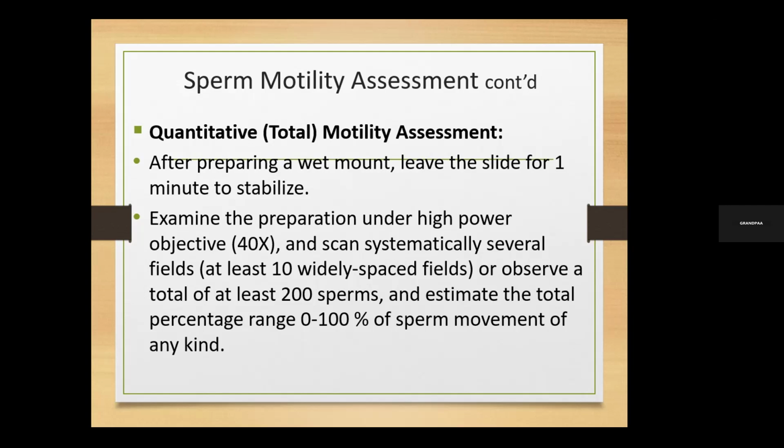We're talking about total motility, which is movement of any kind. That's why I'm saying the easiest practical way is to look at those that appear to be dead, give your estimation of that, and subtract from 100. That will give you your total motility. All right, good.